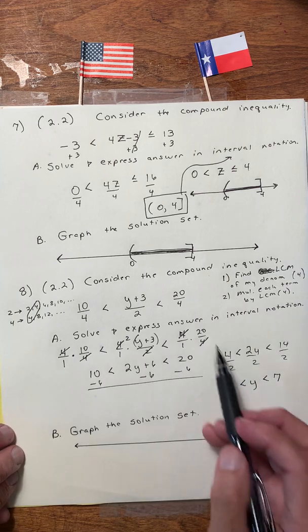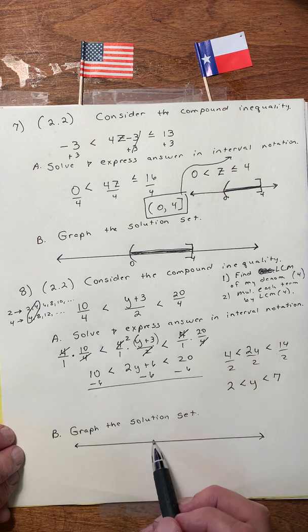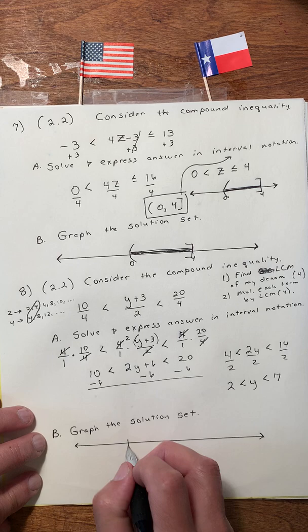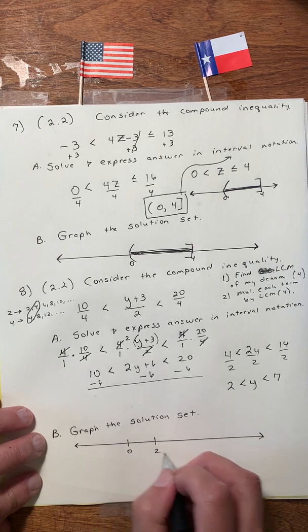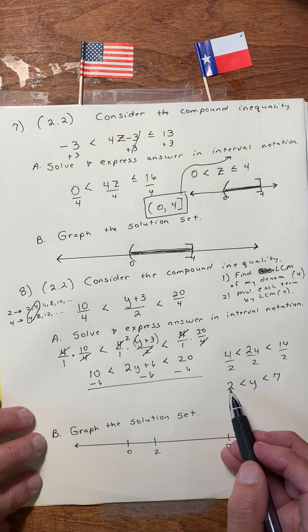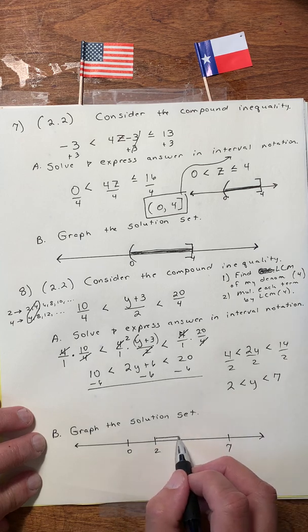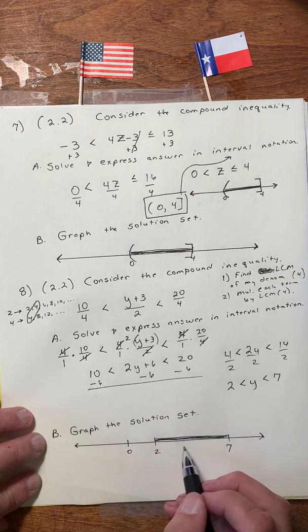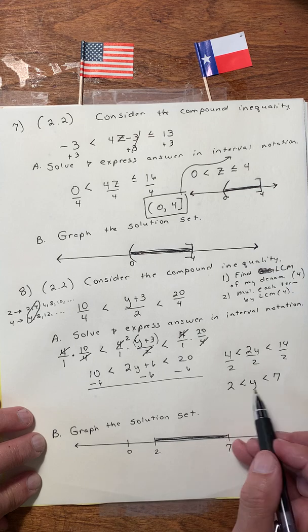All right, and it says in interval notation, let's do the number line first. So here's 0, 2, and 7. Y is anything in between 2 and 7, so it's all this stuff in between 2 and 7. Infinite number of points here. Do I include my endpoints? I do not.